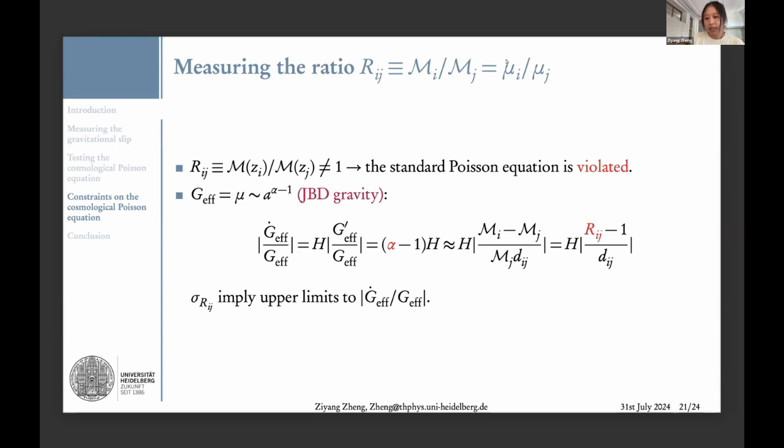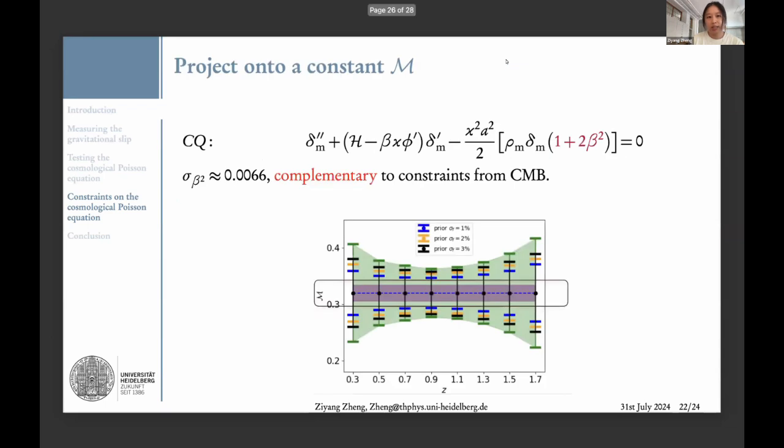Furthermore, it is directly related to the standard test of gravity, which is proportional to G dot over G, and this is essentially the case of Jordan-Brans-Dicke gravity. If this Rij deviates from 1, then we are confident to say that this mu varies with time, and the standard Poisson equation is indeed violated.